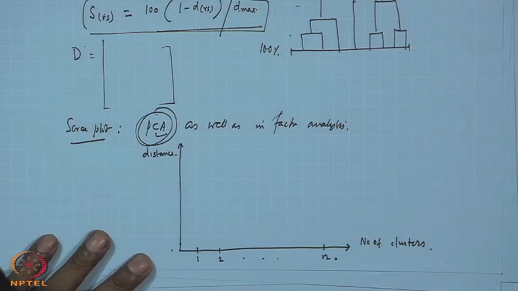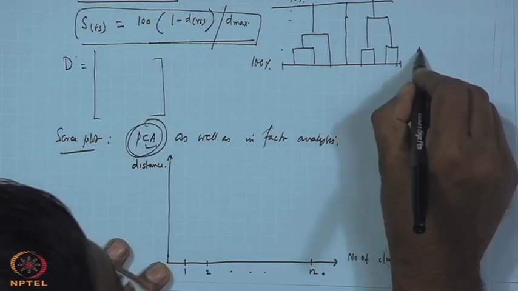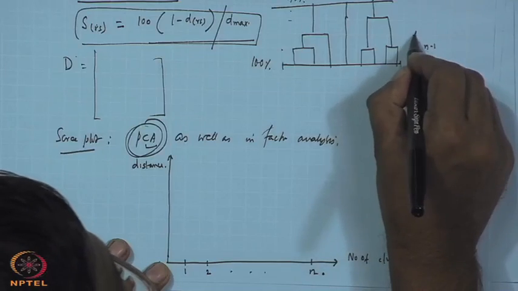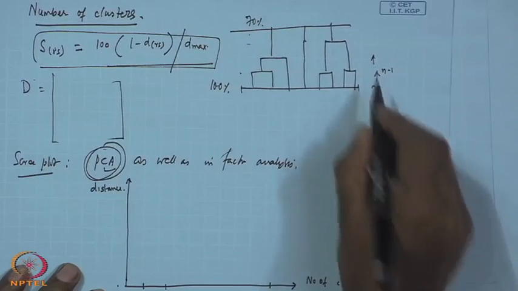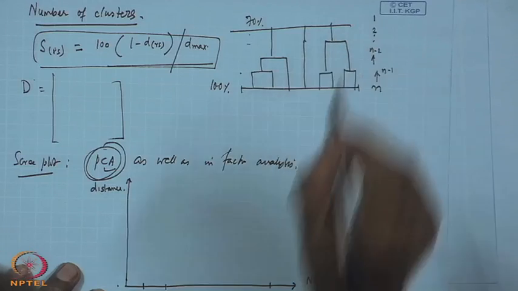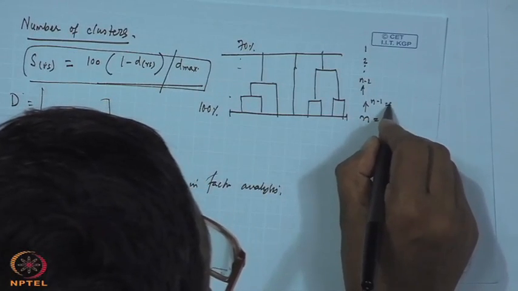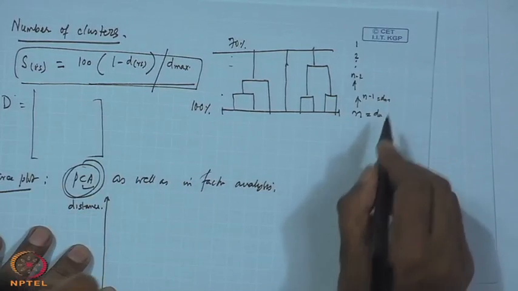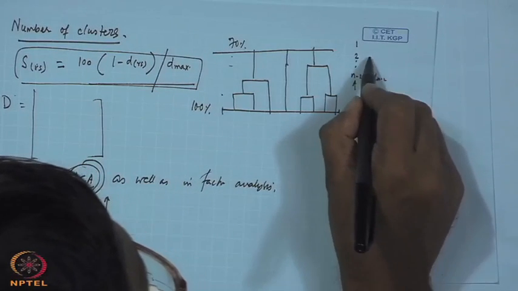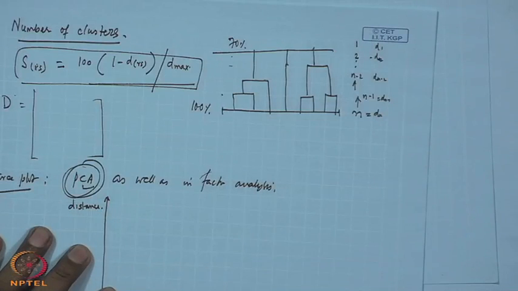Suppose here is n cluster, then you are creating n minus 1 cluster, then n minus 2 cluster, like this. So, if I say this is my dn, this one is dn minus 1 and this is dn minus 2, like this d2 and d1, definitely d1 will be the maximum.